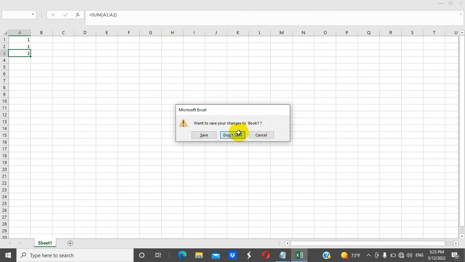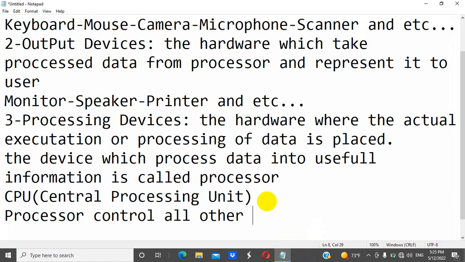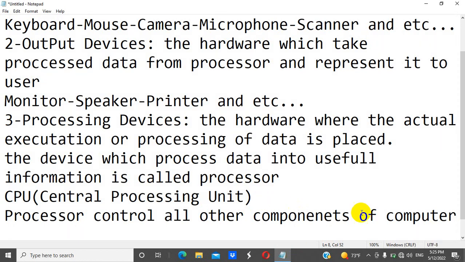The processor has two main functions in the computer system. One, the processor controls all other components of the computer system, like our brain controls the other systems of the body.